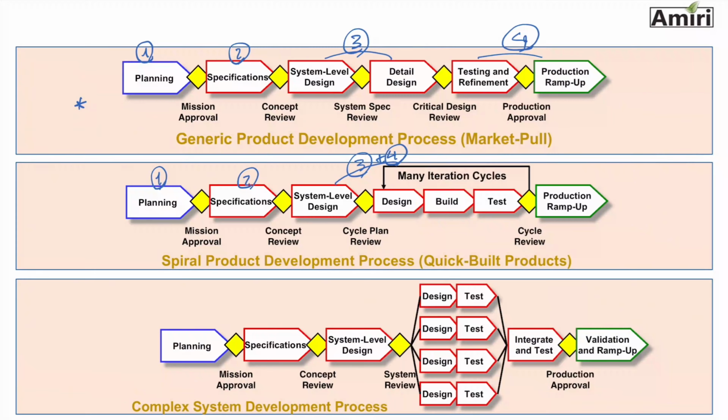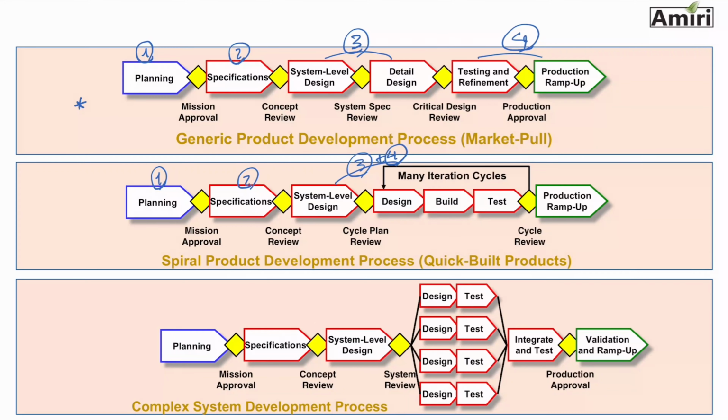When you look at complex system, that was the last slide that we talked about, that detailed design includes multiple teams that are working in parallel together. So when you look at these 2, quick build products and complex system, you see the difference.